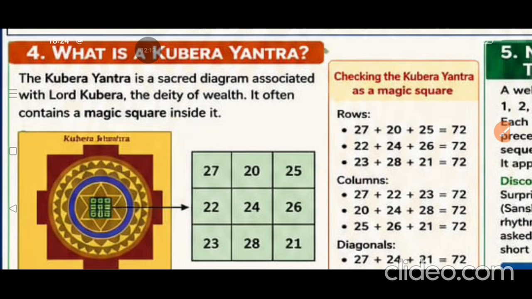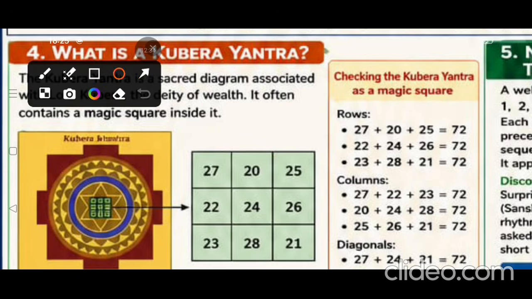In this Kuber yantra, the numbers are written so that they again form a magic square. In this magic square, the middle number is 24, and 24 3s are 72. So the sum of each row, each column, each diagonal will be 72.